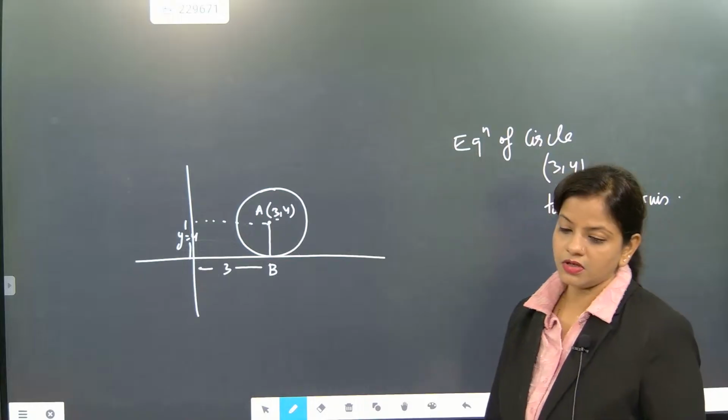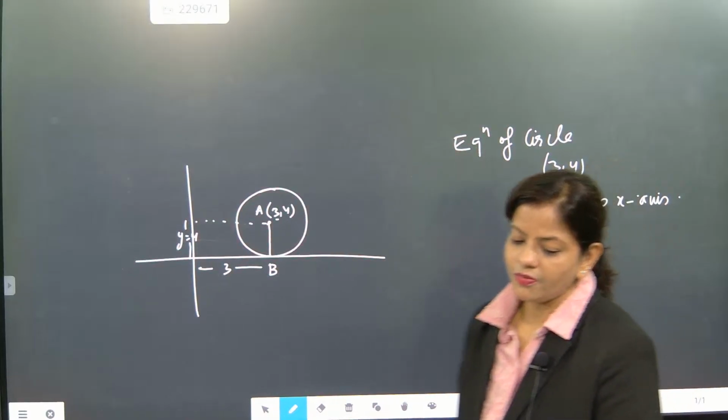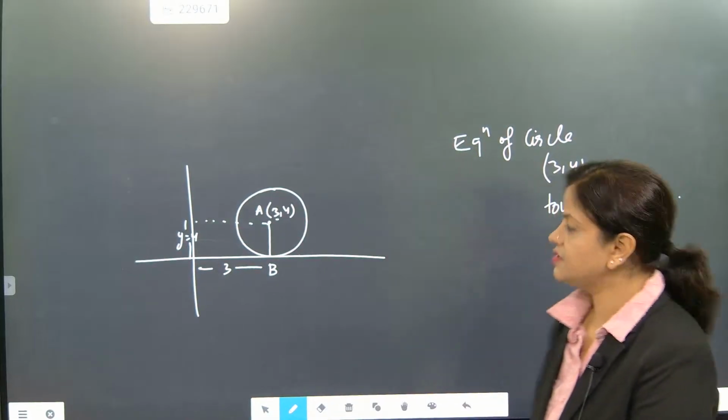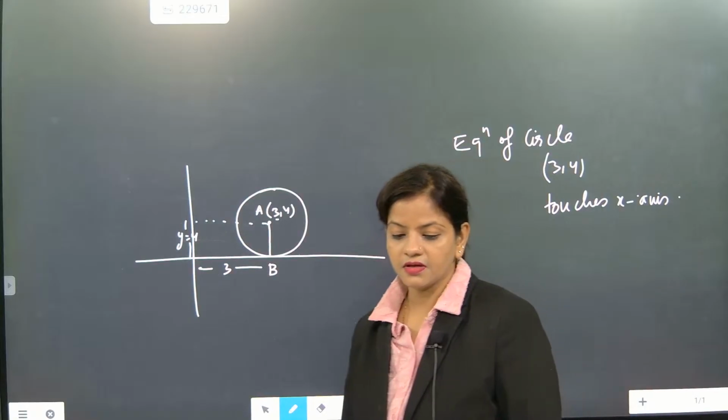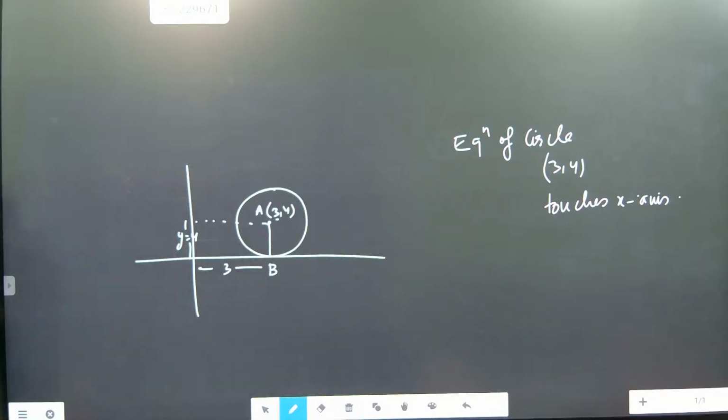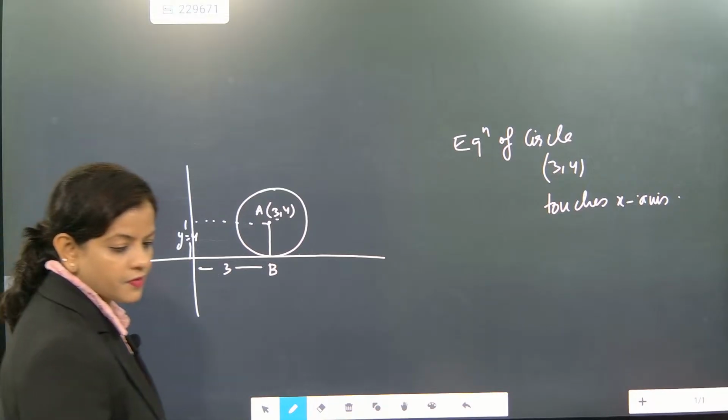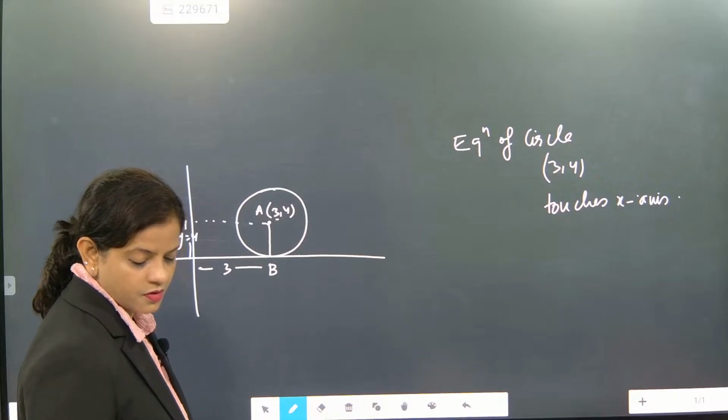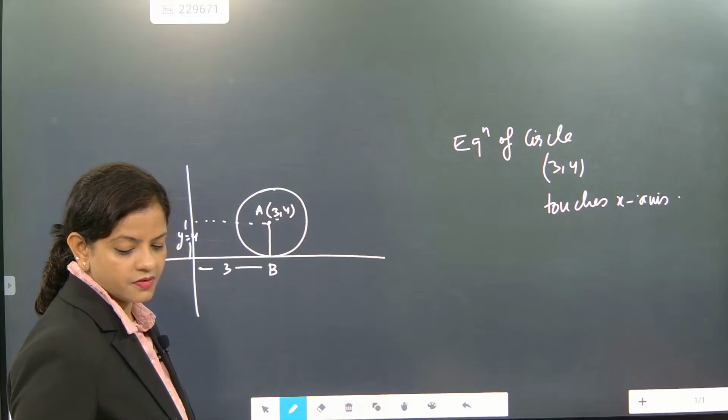So I hope you got the radius. For making the circle equation, we need the radius. What is the radius here?